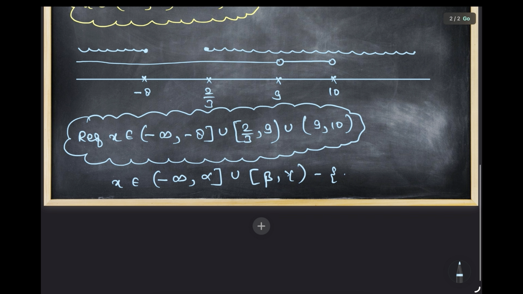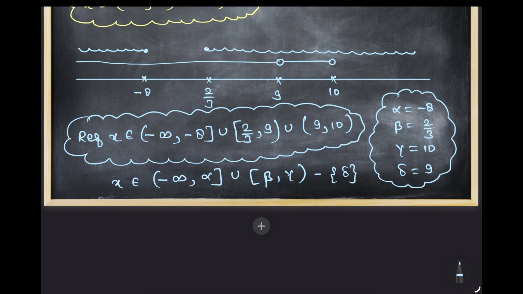Beta is included, gamma is not. Now you can compare, and you will find that alpha is minus 8, beta is 2 by 3, gamma is 10, and delta is the removed number, 9. So you have removed one entity, that is 9. So you got everything: alpha, beta, gamma, delta.